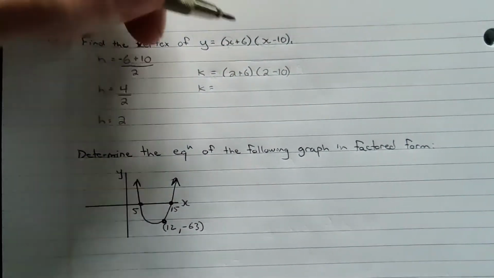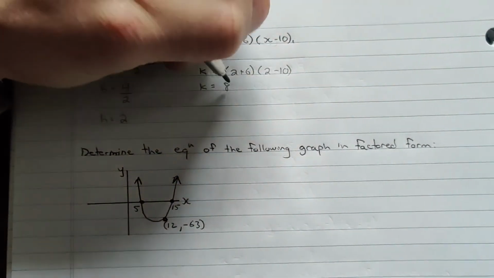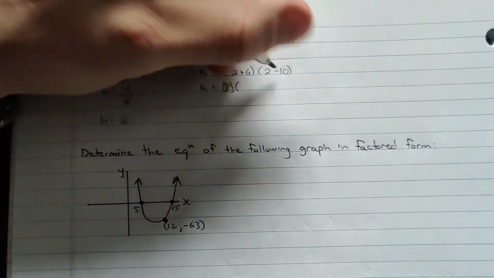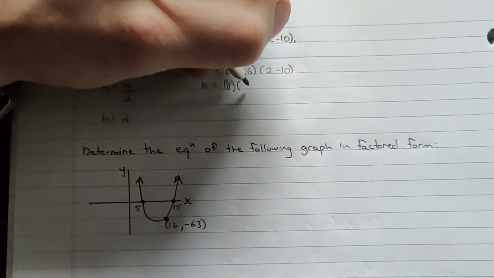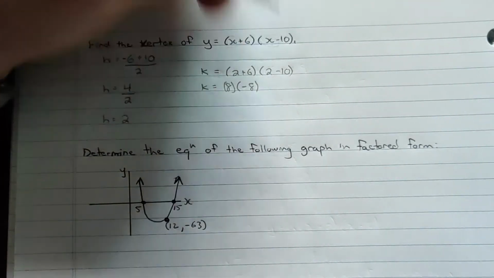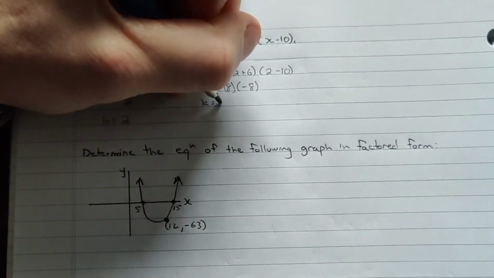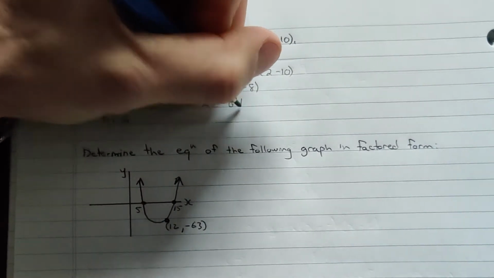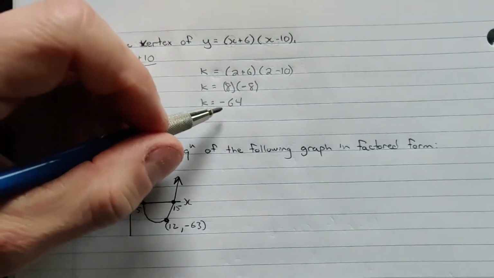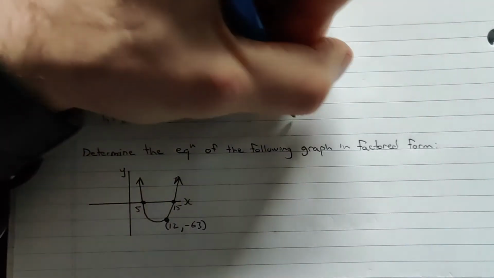So 2 plus 6 is going to be 8, times 2 minus 10, which is going to be negative 8. And our k value is going to be 8 times negative 8, or negative 64. So 2 and negative 64 becomes the vertex of this graph.